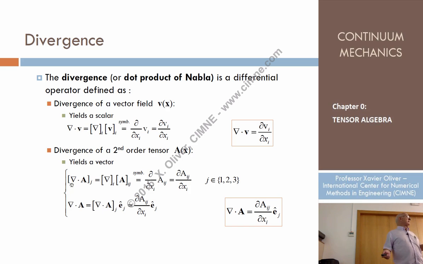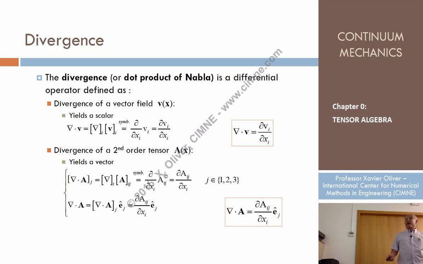So I can anticipate that the divergence of a second order tensor is a first order tensor, which is a vector. It has three components. How is component j? Let's proceed. It's the component i, which is the derivative with respect to xi, times the component ij. This is symbolic. Now let's introduce that and take the differentials. Derivative of aij with respect to xi.